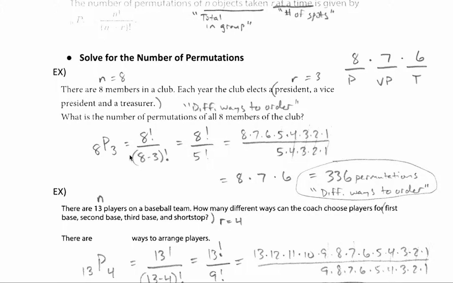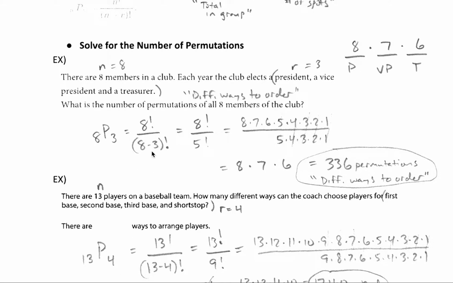However, using the formula, we have a way that we can solve any permutation. We find our total number of people, 8, and we're putting them into 3 spots. So the formula says to do 8 factorial over 8 minus 3 factorial. So we have 8 factorial over 5 factorial.